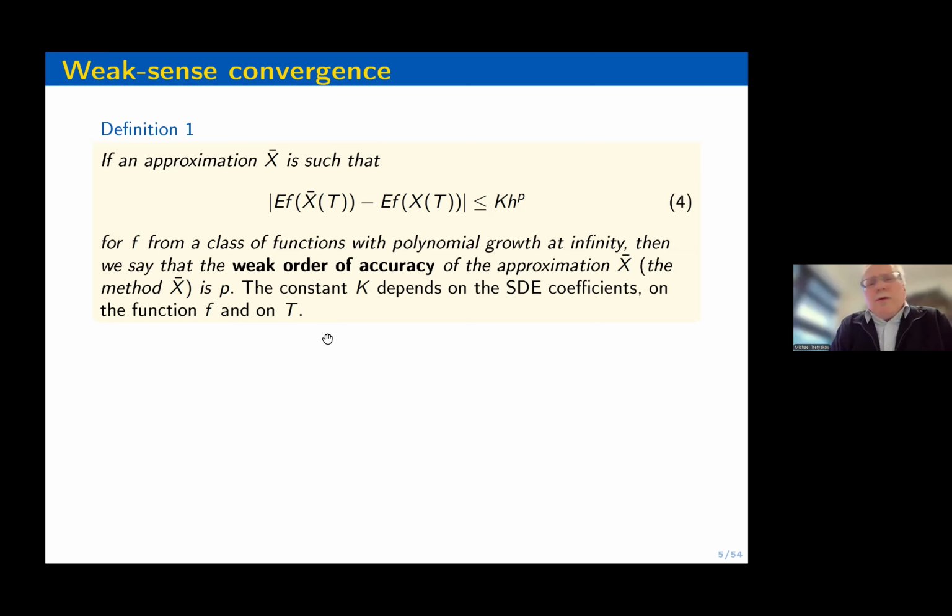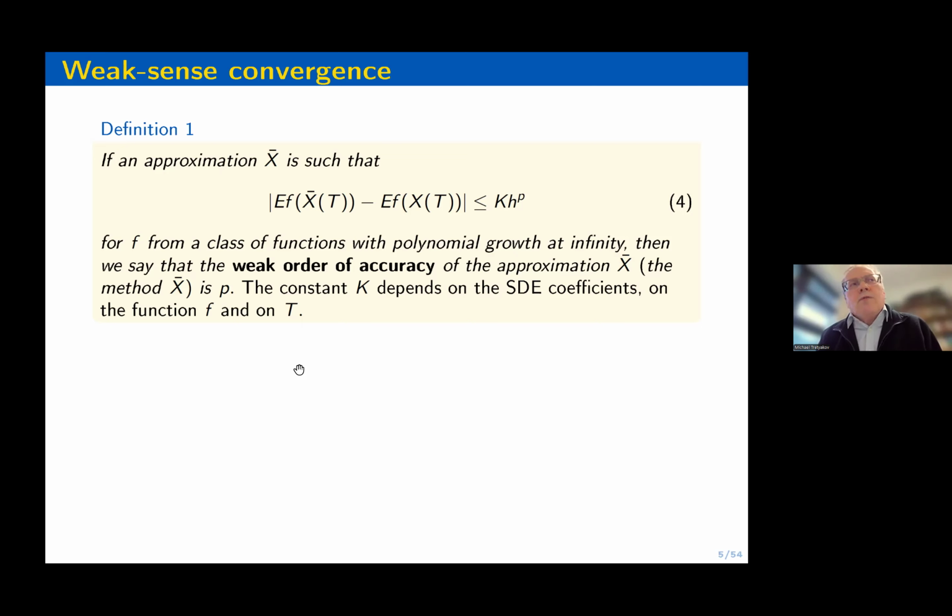You will see later that I will require more from test functions, that they are, for instance, sufficiently smooth. But there are ways to remove smoothness in certain circumstances. Okay, so why are we looking at weak convergence at all? Obviously, from mean square, we will get weak convergence. The reason is that we can construct simpler methods with high order of convergence.